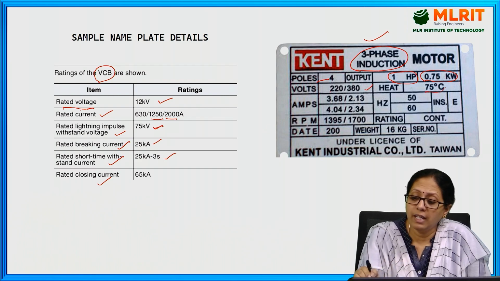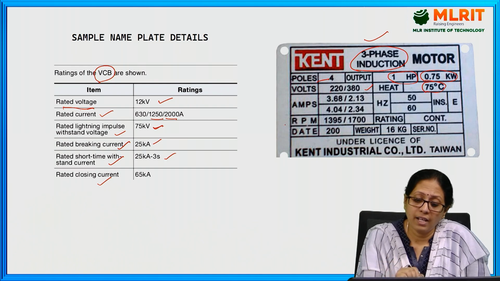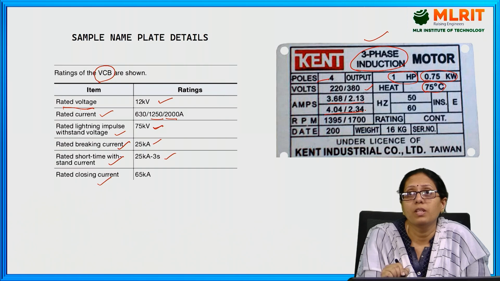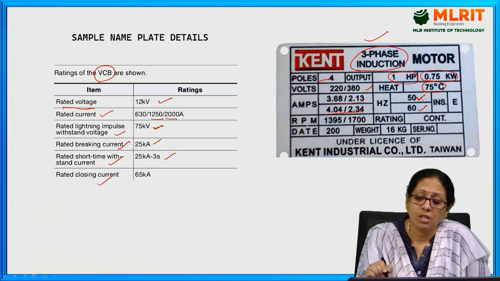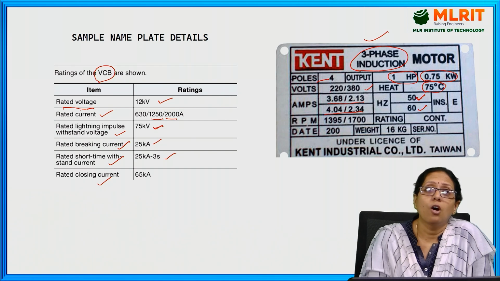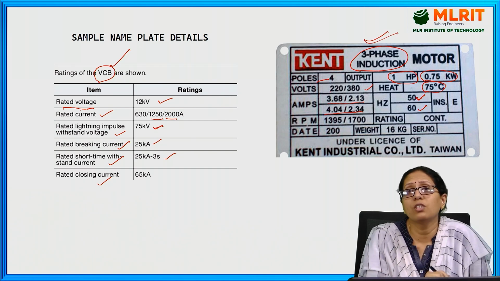The heat bearing capacity is 75 degrees and the ampere rating is 3.68 to 2.13, 4 to 2.34. The frequency is 50 Hz as well as 60 Hz; for both frequencies it can be used. So these are the 2 nameplate details of VCB as well as the 3-phase induction motor.